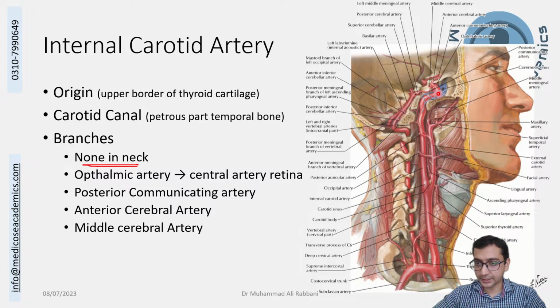It runs anteriorly in the cavernous sinus, makes a loop between two clinoid processes, then gives rise to its branches: the ophthalmic branch going to the eye, the anterior cerebral, the middle cerebral, the posterior communicating, and the anterior choroidal arteries. These are the branches, but I'm not going to discuss them in detail.